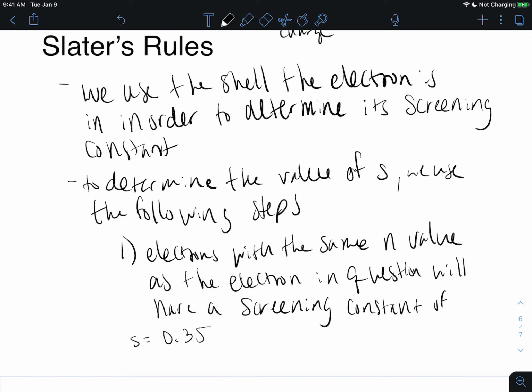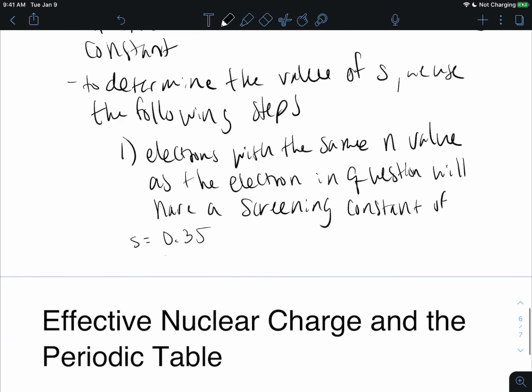So S is equal to 0.35 for each one. You do not take into account the electron that you're looking at, so you don't include that in the calculation. Don't include the electron in question.